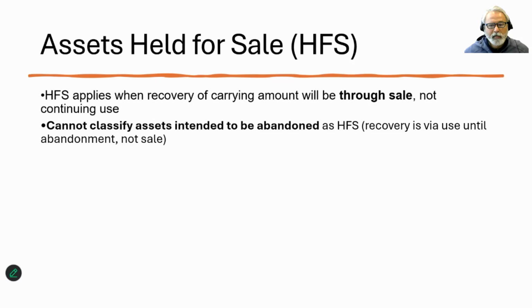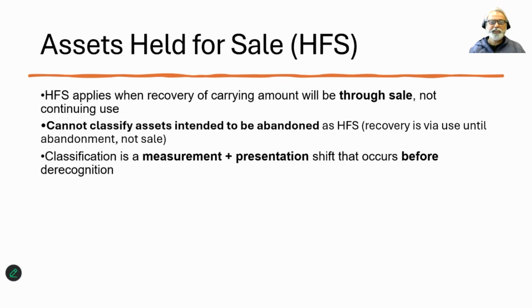Because they're not ultimately going to be sold. The classification results in a shift in measurement and presentation that takes place before derecognition. So the held for sale classification is the outcome of certain criteria that have to be met.